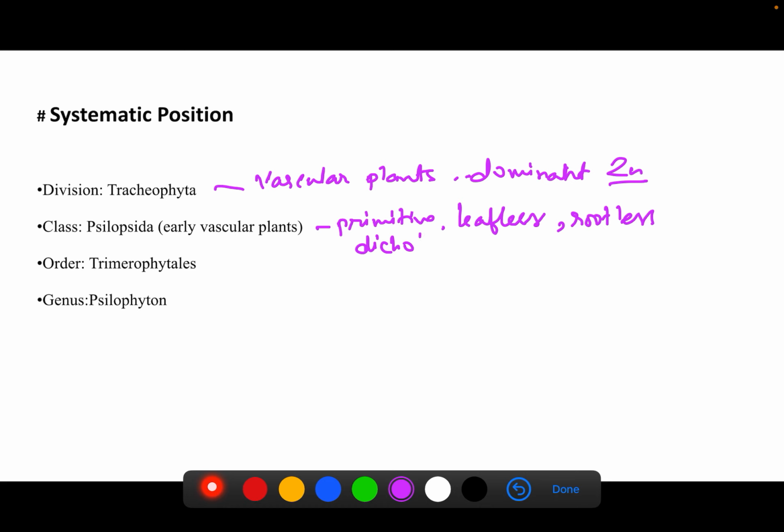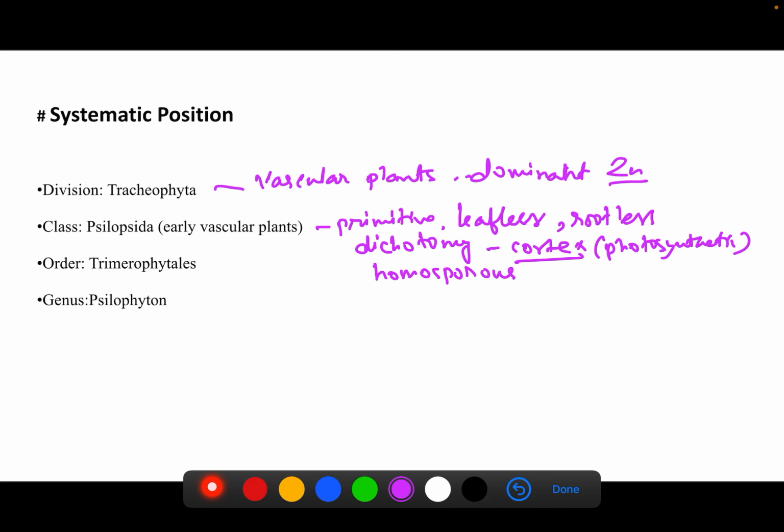We will talk about that. Dichotomy is present, but we will see that there are some changes. The cortex acts as the photosynthetic tissue because leaves are absent, and reproduction is by means of spores, and the plants are homosporous.